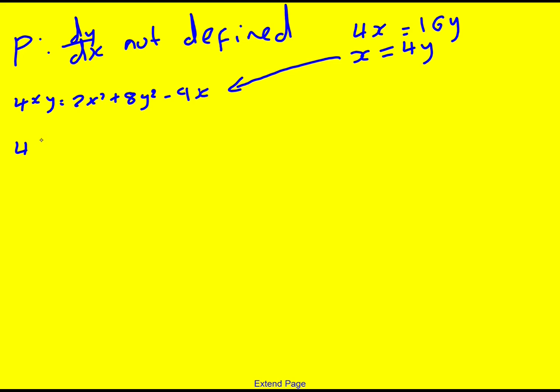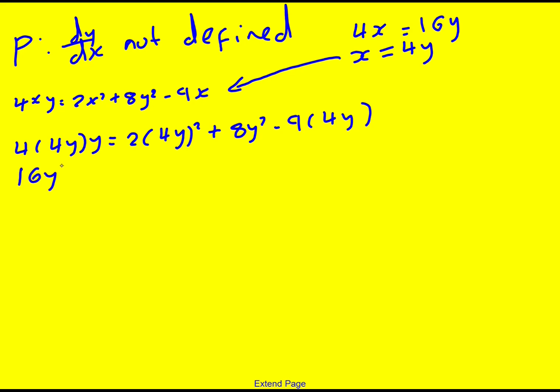So 4 times 4y times y, 16y squared times 2, 32y squared.